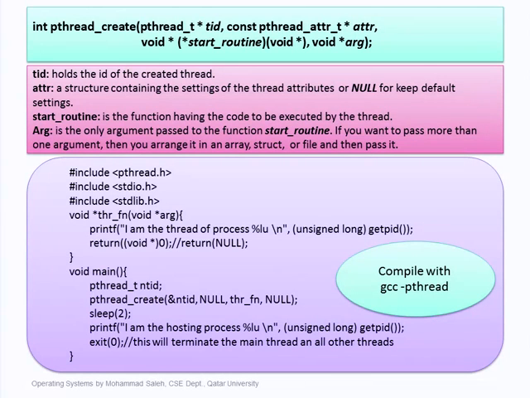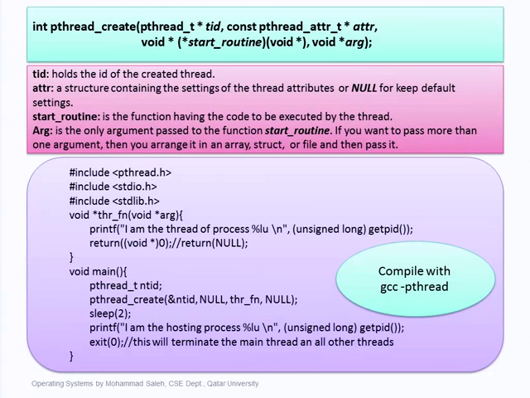What do you think this function should take? At minimum, the name of the function which has the code of the thread, to know what to execute. That's what we have here, which is the third argument. So what's the third argument? The name of the function which has what the thread should do.